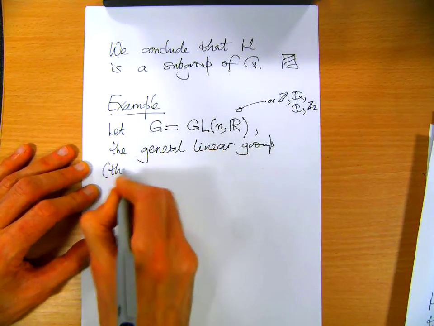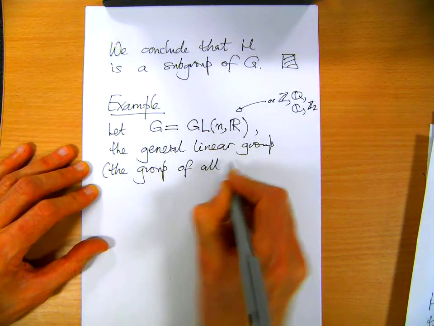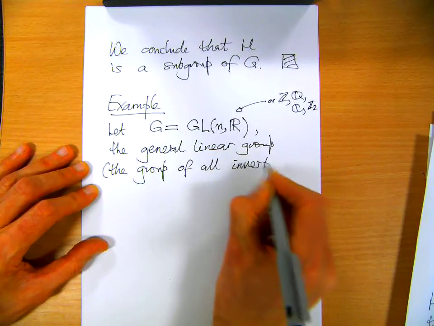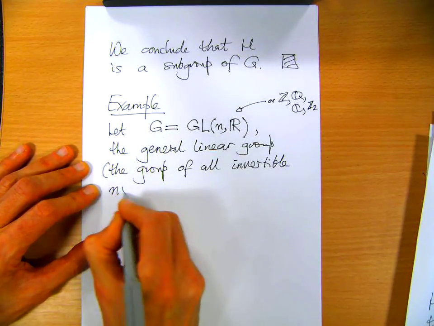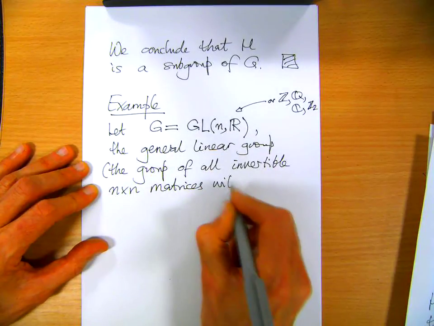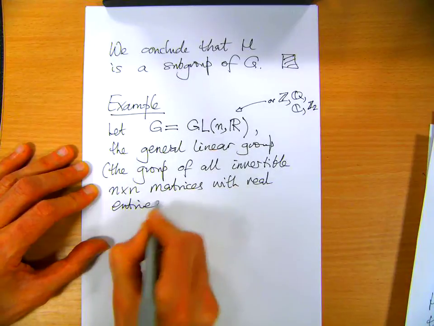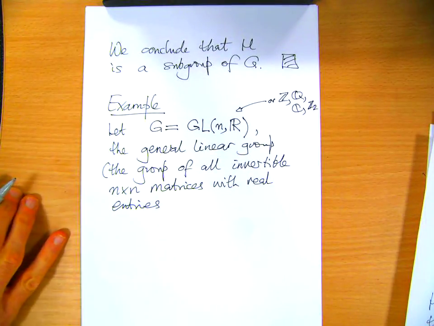So this is the group of all invertible n by n matrices with real entries. Just to remind you, this is a really important group.